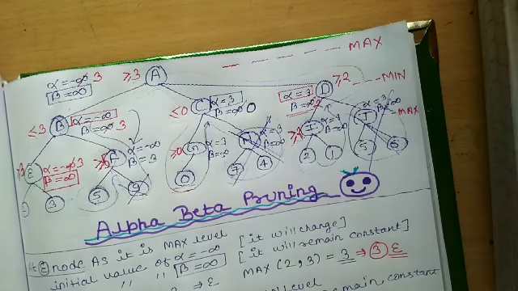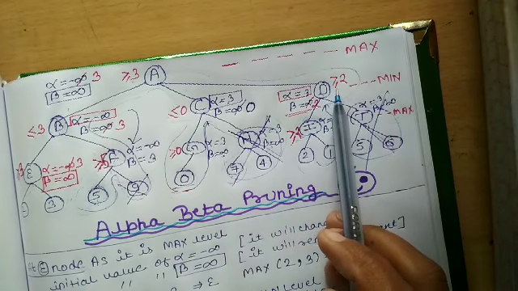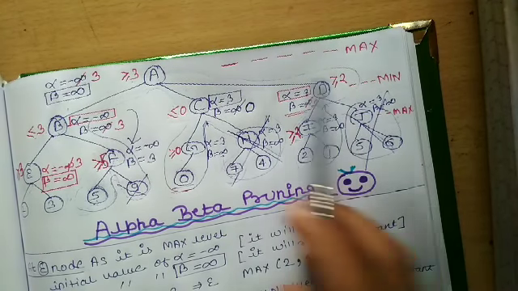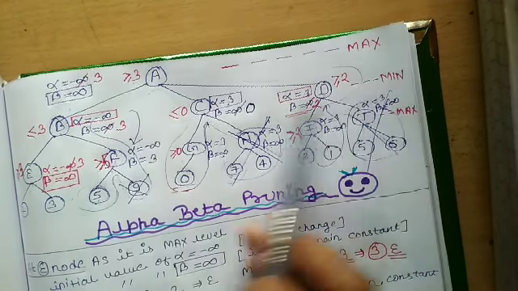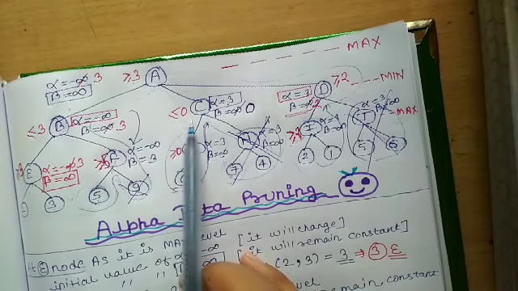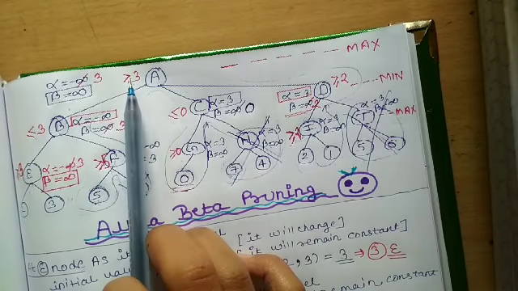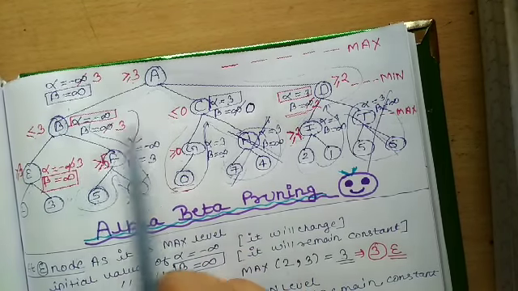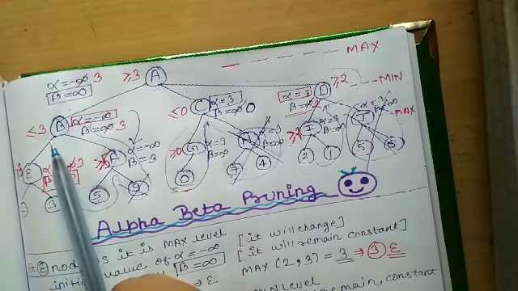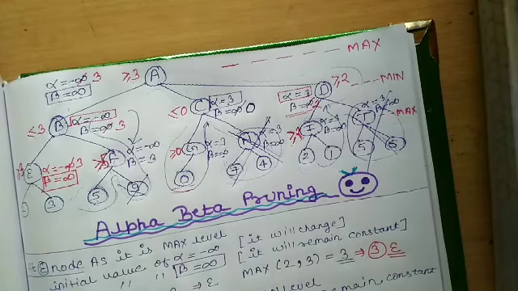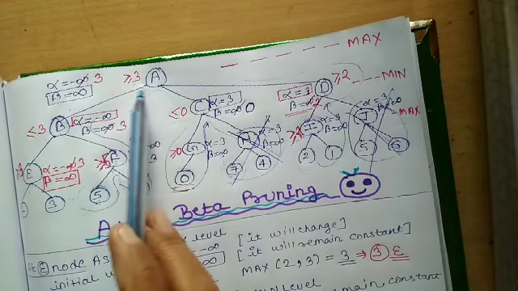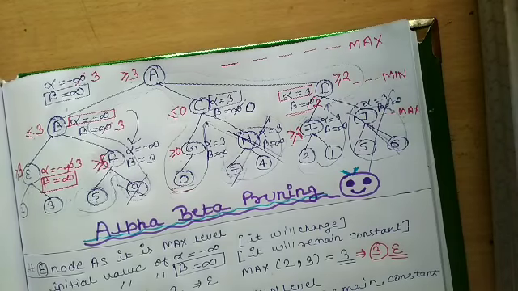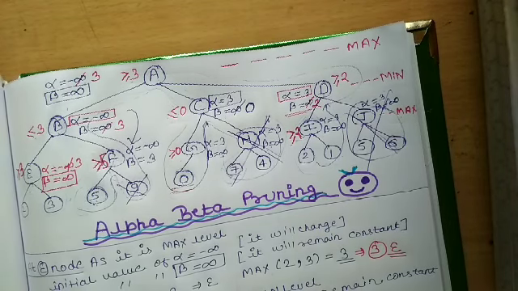So you don't need to change anything. If here you will find out the value as 8, suppose, so you will change it to 8. But you haven't found any greater value. If here you have found out value as 8, you will change it. But you have found out lesser values than this, so this will remain same only, and the value of A node will remain as 3 only. So I hope you got this.